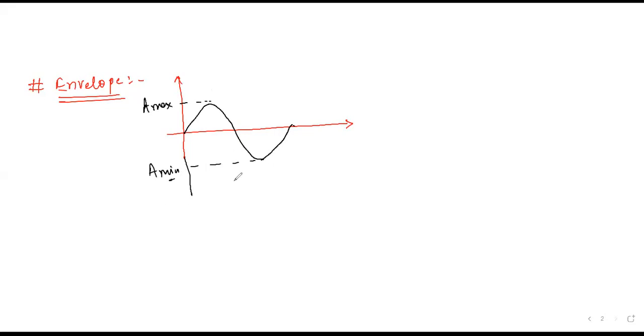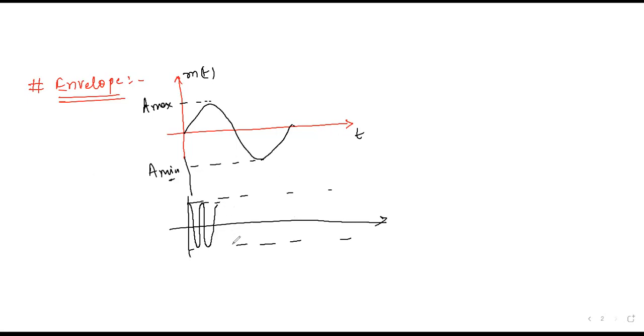Now, in amplitude modulation, the amplitude of the carrier signal is varied according to your message signal. So this is your m of t, this is your t. Now let's say this is the carrier signal, also sinusoidal. Okay.